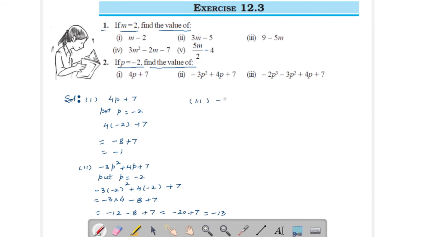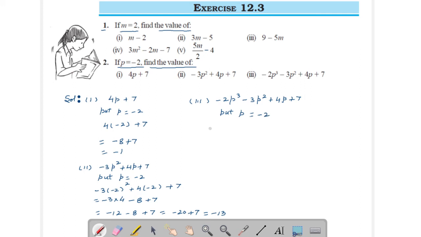Now come to third part. It is minus 2p cube minus 3p square plus 4p plus 7. Here put p equal to minus 2.